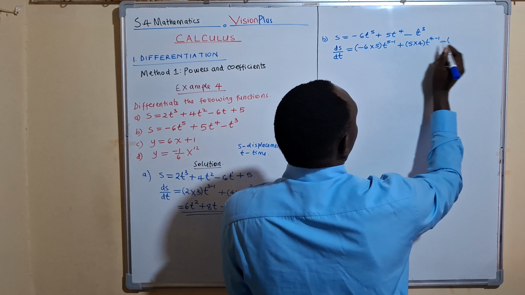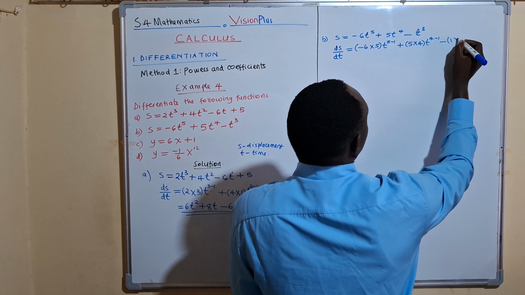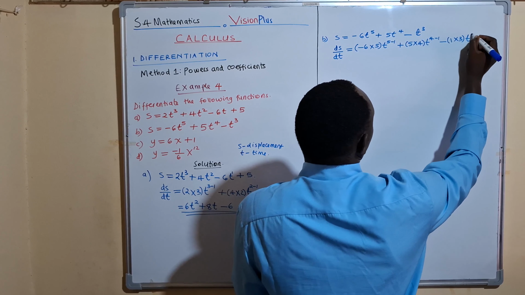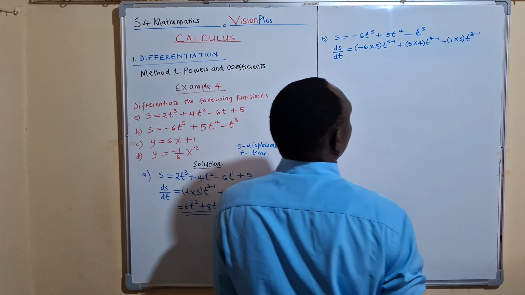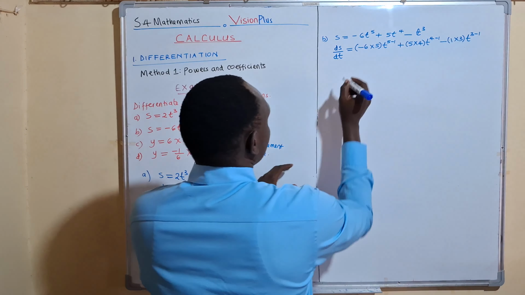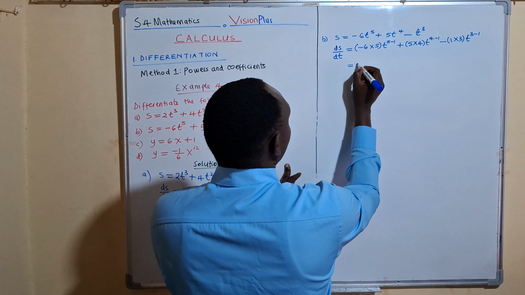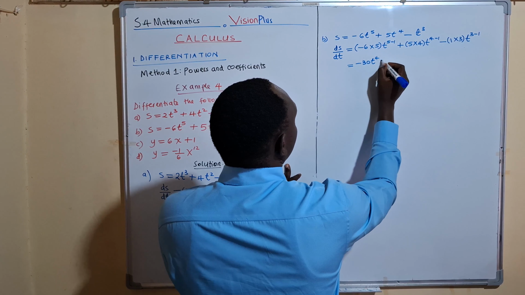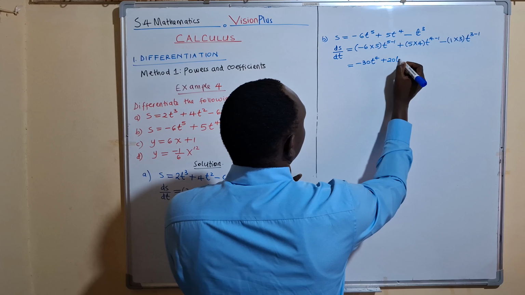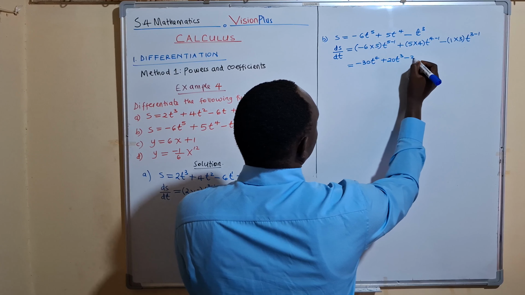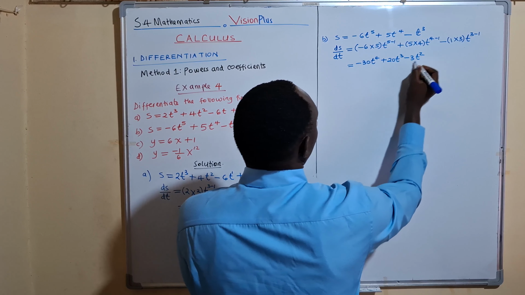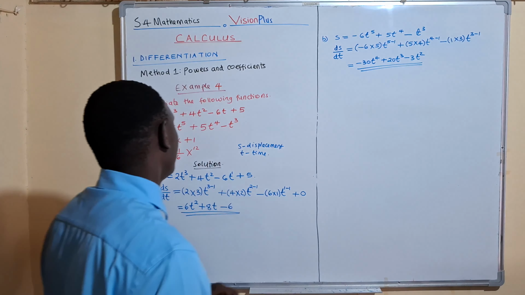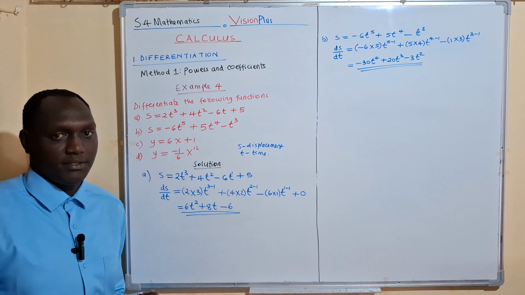What is the coefficient there? 1 times, we lower the power 3. Then t, and now the new power becomes 3 minus 1. Then we simplify. This gives us negative 30t power 4 plus 20t power 3 minus 3t power 2. So this is the derivative of the function S in part B.